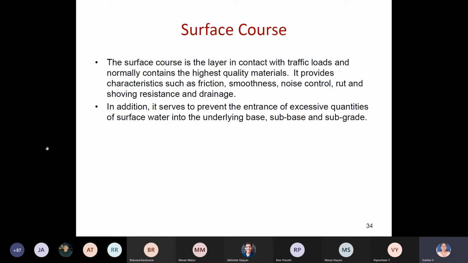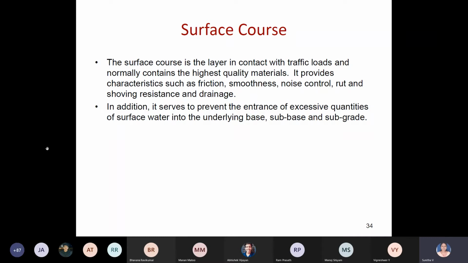In addition, it should serve to prevent the entrance of excessive quantities of surface water into the underlying layers. So it should be impermeable. It should not allow water to percolate inside the pavement.